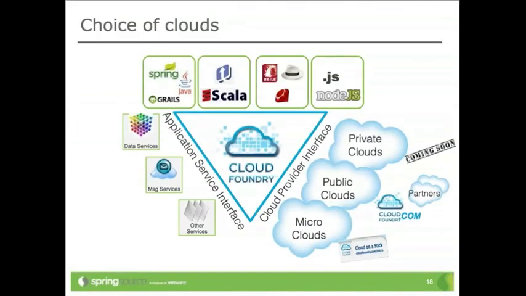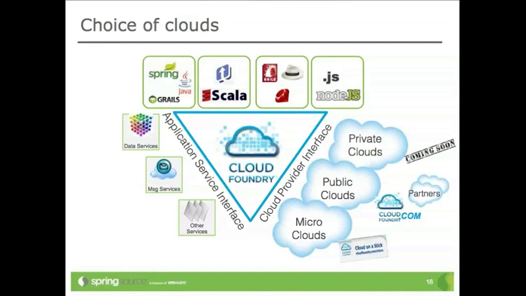So what does the cloud provider interface provide? It lets you run Cloud Foundry in many different ways. You have the microclouds, which is basically a local version of Cloud Foundry that you can run on your laptop. Right now you can either download it, or we also have USB sticks that have a virtual machine on them that you can start up using VMware software and run your own virtual machine on your laptop and develop against that.